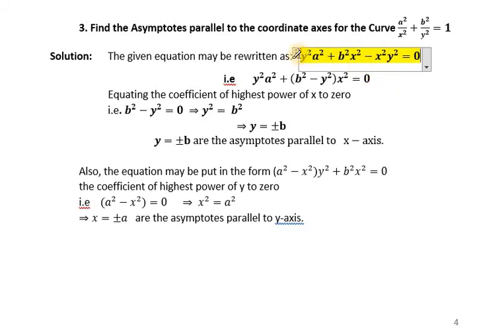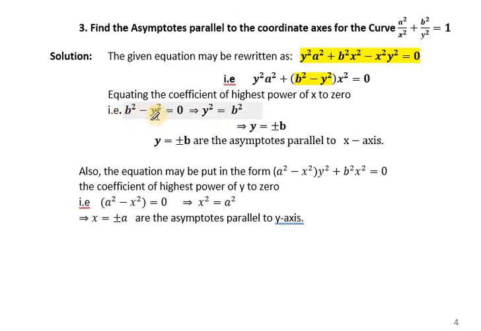Now see, among these x square is common, so remove x square outside. Then we get y square a square plus b square minus y square into x square is equal to 0. Now in this equation, the highest power of x is x square, highest power of y is y square. Now let us take the coefficient of x square, that is b square minus y square. This is the coefficient of highest power of x, and let us equate this to 0.